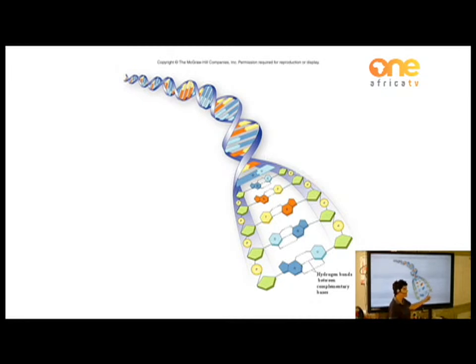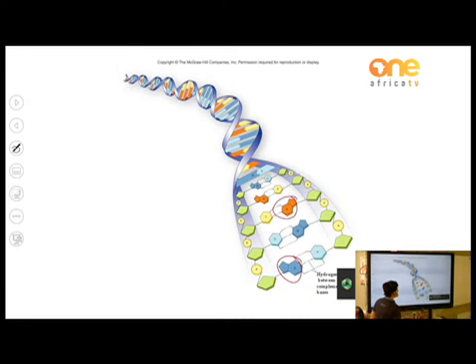So G always links to C. And what I also see is that G and A are the larger ones, with 2 rings, and we call them the purines.